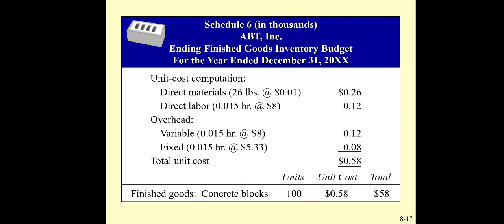Okay, so the direct labor cost per unit of product is 12 cents. And then the variable overhead cost is also 12 cents per unit, and fixed overhead cost is 8 cents per unit. So the total unit cost for the product produced by this sample business is 58 cents.